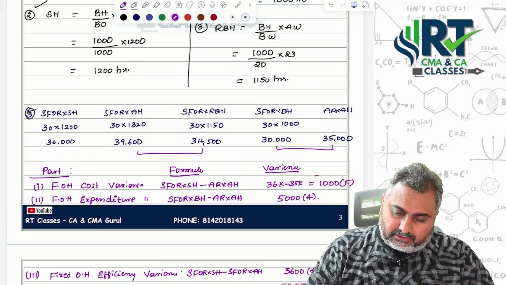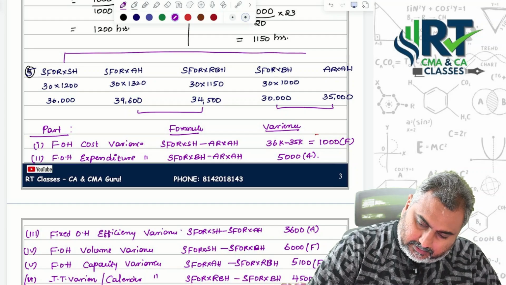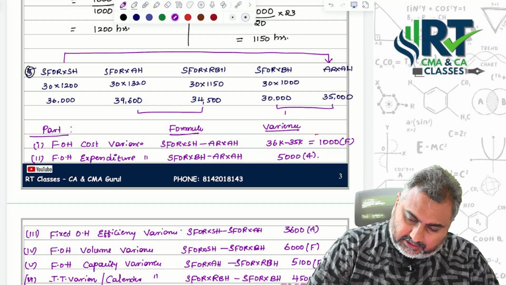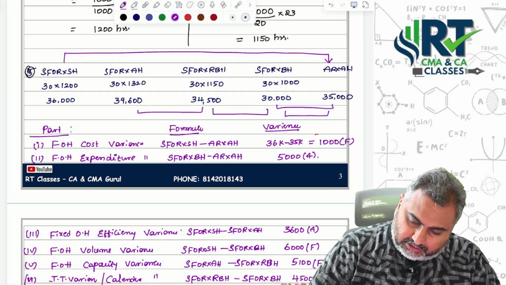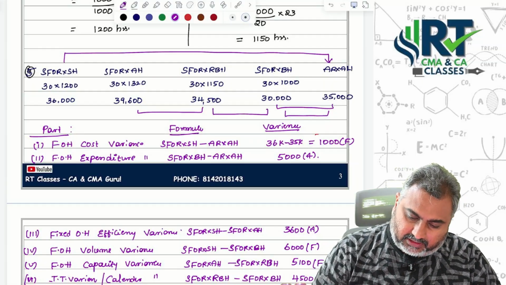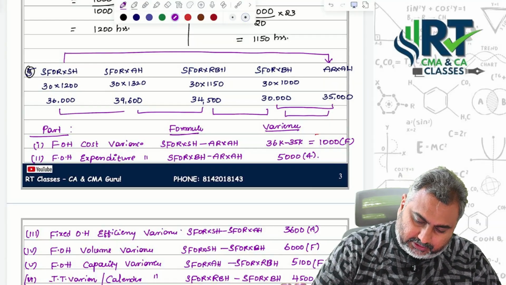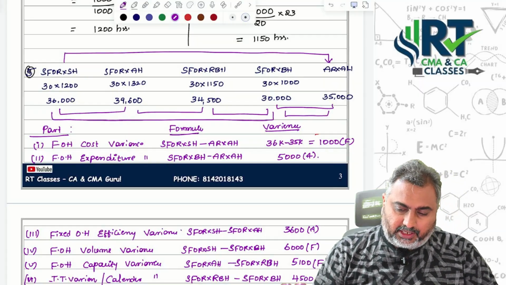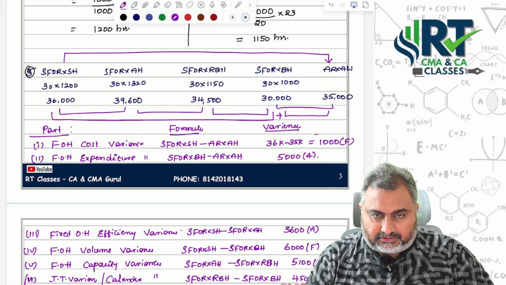If you observe the chart here, this is our cost variance chart. This is expenditure. This is nothing but your ideal time, or this one. This is your capacity. This is your efficiency. This is your volume. If you understand, your volume plus expenditure equals cost variance.